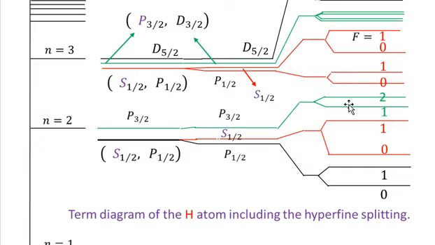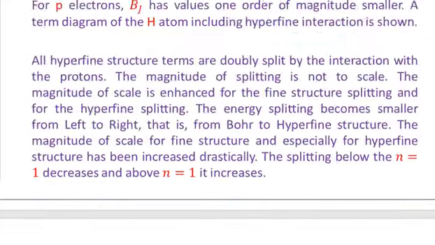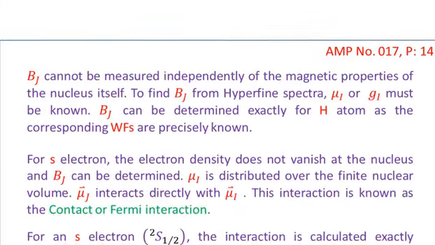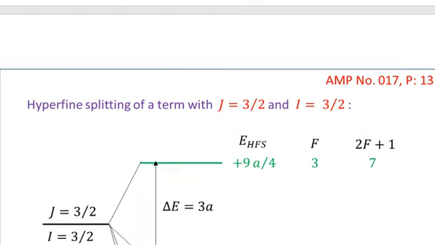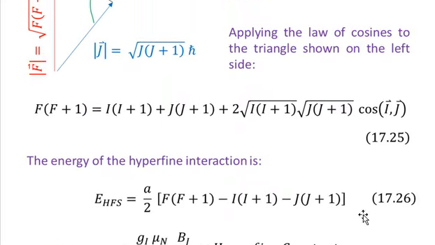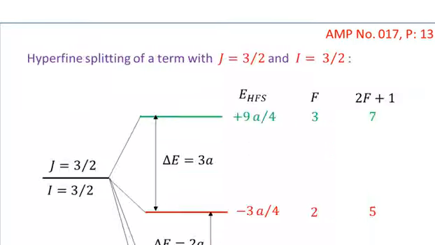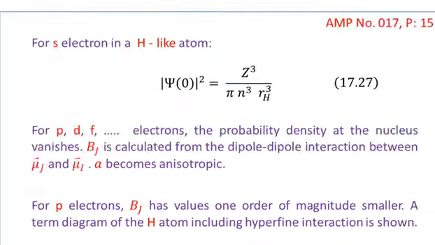The separation of these two levels again is given by equation number 26. So you can put the value of F, you can put the values of I and J, and you can find out the splitting between these two levels. The splitting between the hyperfine levels can also be determined, which I have shown in the figure.